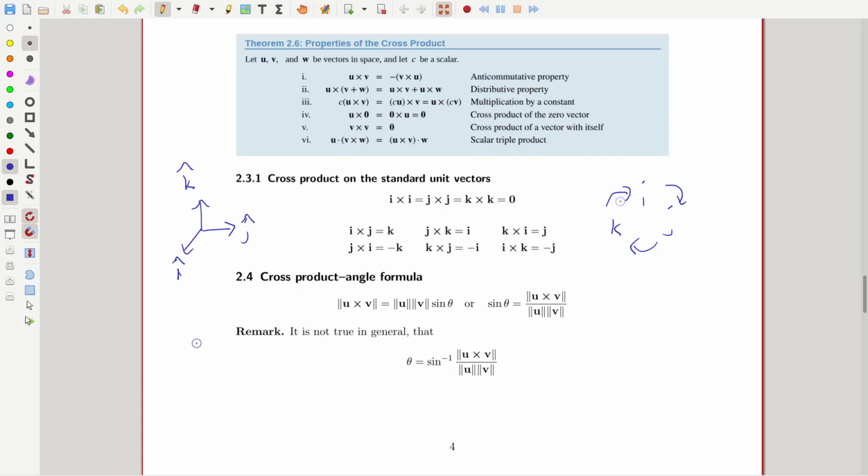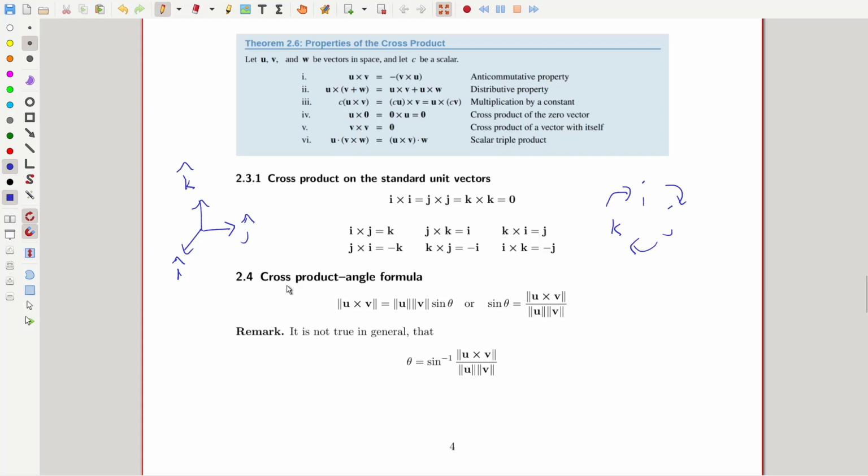Just lining things up, you can check that i cross j is k, j cross k is i, k cross i is j. Much easier to do it just by manipulating your hand around instead of computing a determinant, although the determinant is also pretty quick to do.